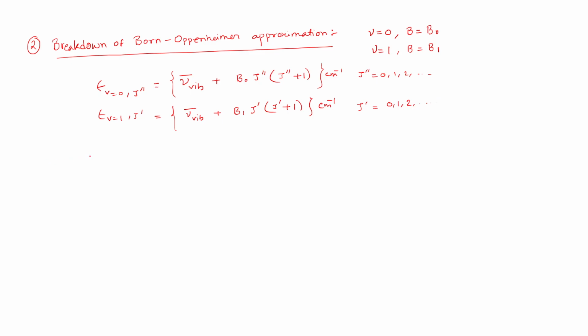Now the difference would be, am I making any mistake? You tell me. This is nu bar vibrational plus B1 J prime square plus J prime, minus B0 J double prime square plus J double prime.